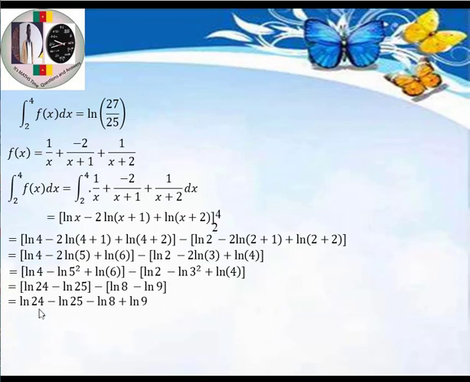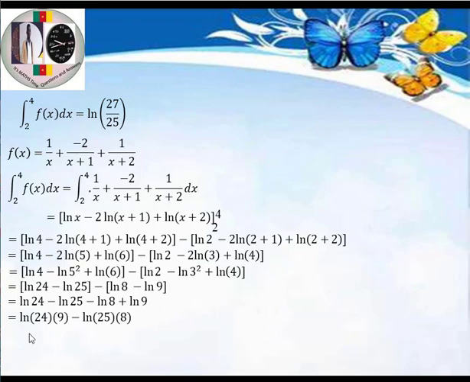So we have ln 24 times 9, and minus, you can factor out this minus here, so it will be minus ln 25 plus ln 8. So we can multiply these two and then we divide them. So we are going to have ln 24 times 9 minus ln 25 times 8.